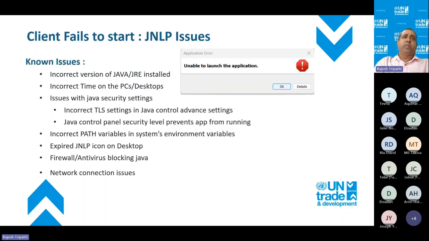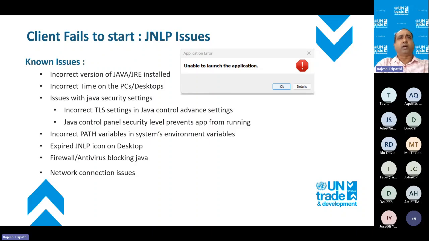That was the JNLP overview, but there are many reasons why your client fails to start. Why do you see this screen? I have listed all these possible reasons that we have found during our support to countries in many years.